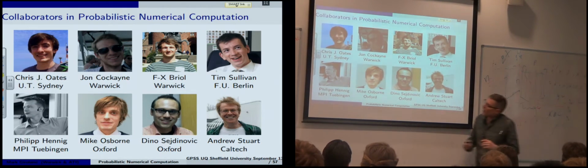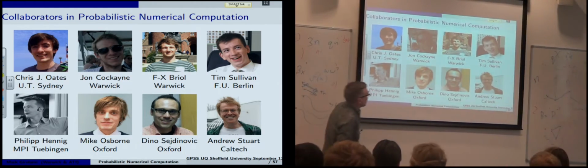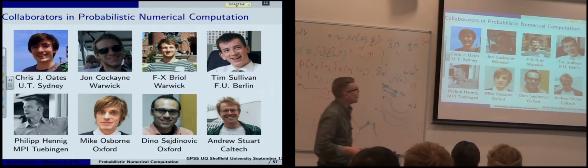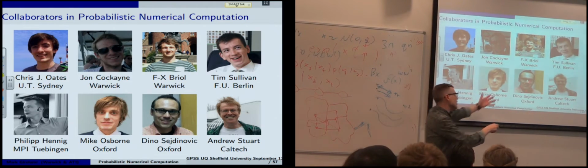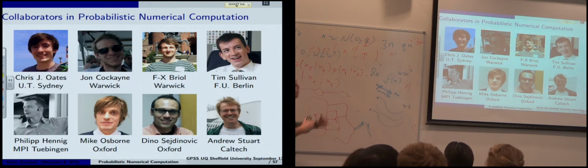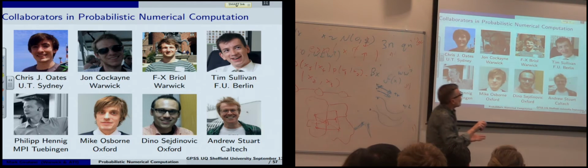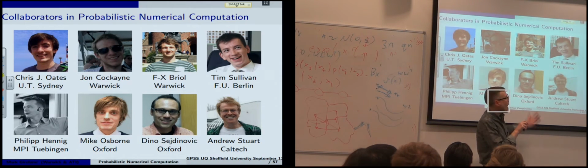If I look at some of my PhD students, former postdocs and collaborators, these are statisticians: statisticians that work in theory, statisticians that work in computational statistical methodology, and Dino publishes an awful lot in probabilistic machine learning. In addition, I'm working with some applied mathematicians.